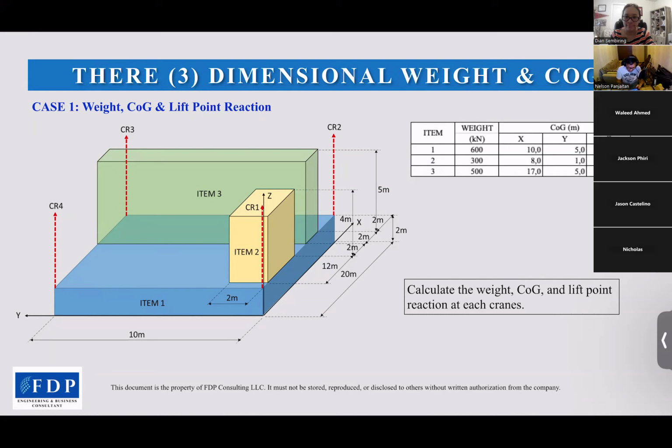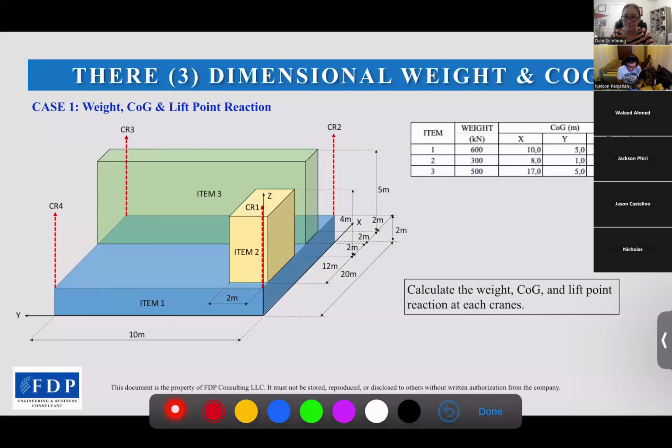The dimension is 10 meters by 20, and the origin point is here, right? So the x positive axis is here, the y positive is here, and the z positive is here. And we want to find the total weight and the combined COG of these three items.